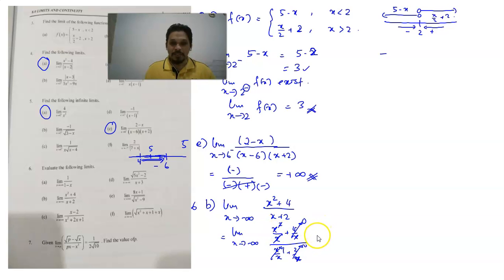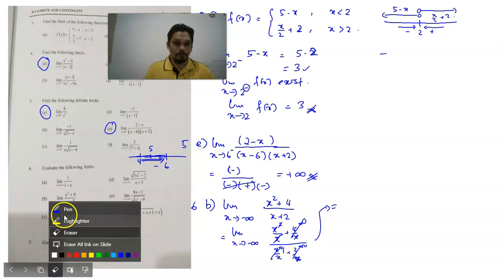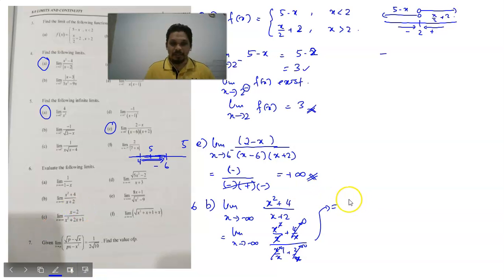So it equals x plus 0 divided by 1 plus 0.